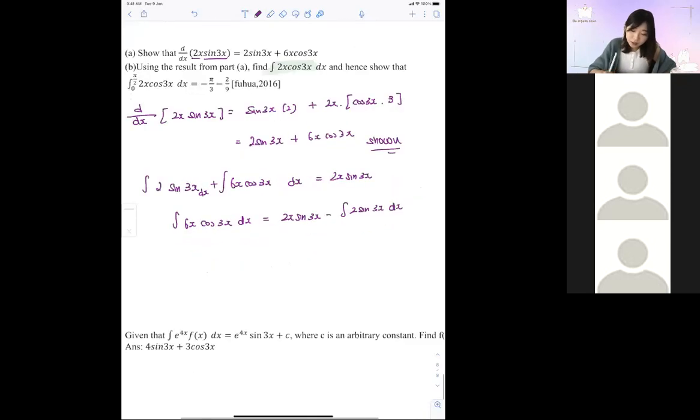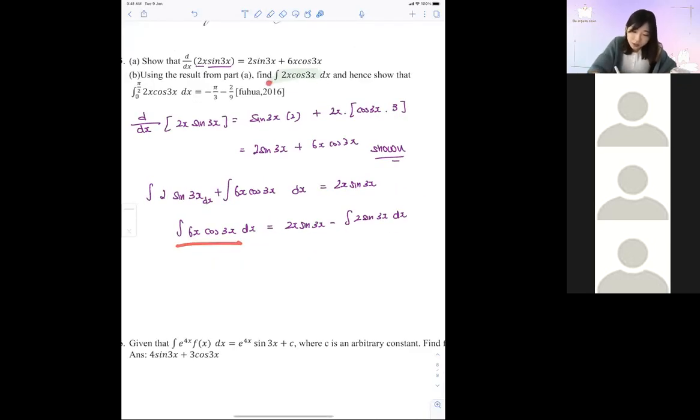Okay, then now you compare this one and this one. This is a 6, but the one that they ask you to integrate is a 2. So to make 6 into 2, you times 1/3, right? So we times 1/3 on the left side, we times 1/3 on the right side. Okay, simplify again. One-third always leave outside, doesn't matter.